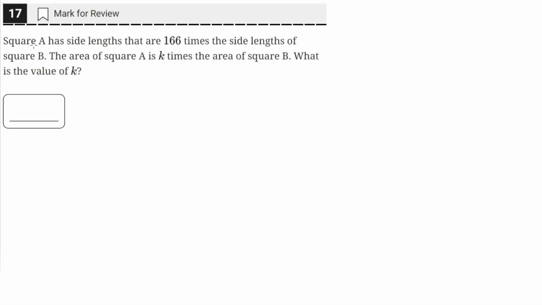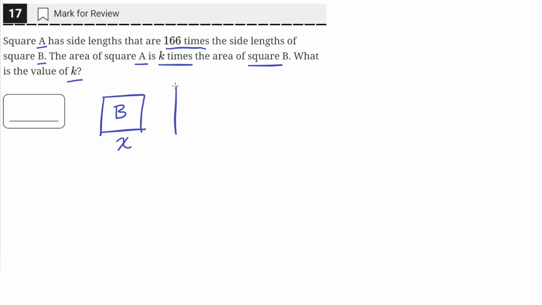Square A has side lengths that are 166 times the side lengths of square B. The area of square A is k times the area of square B. What is the value of k? Okay, so let's say this square is square B, and it has side lengths of, say, x.